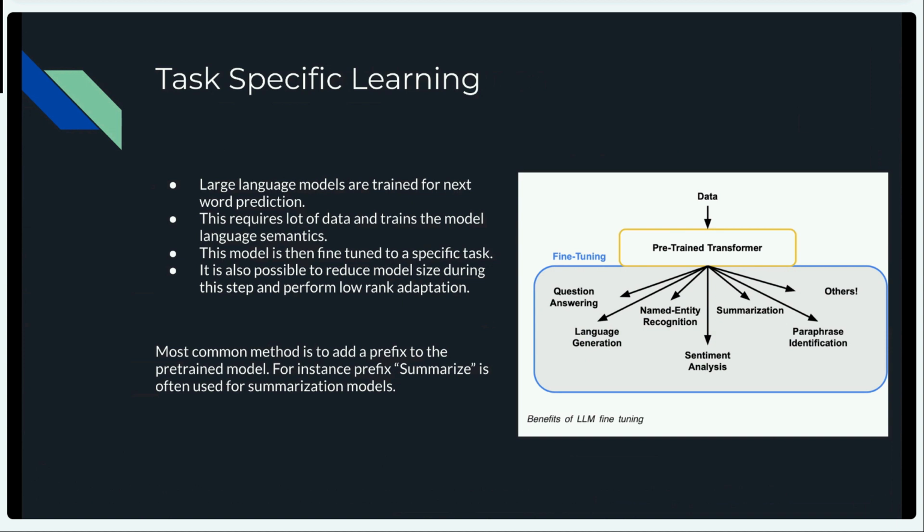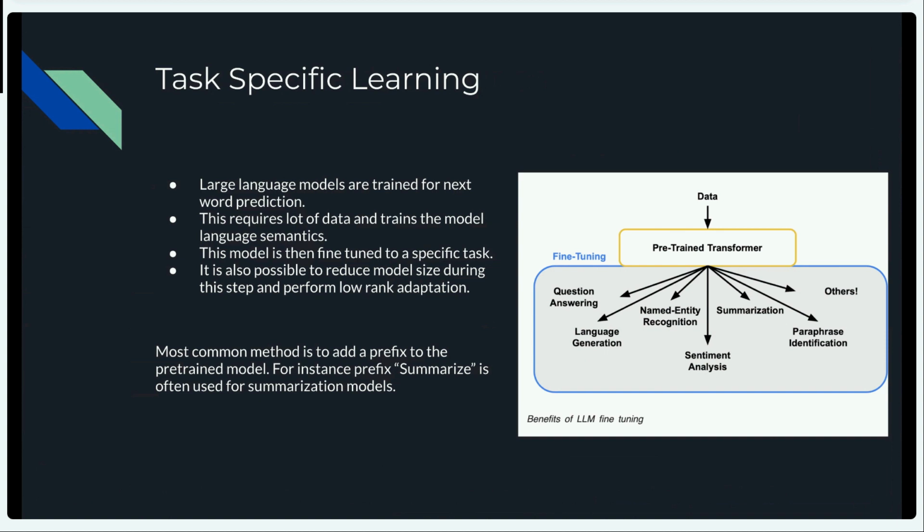The core idea behind this is that you assume your foundational model has already done the major task of learning the language semantics. And now that you're going to train a model for a very specific task, you don't have to train the model from scratch. You can just fine tune it. And with less data and fewer resources, you can still train a pretty good model.